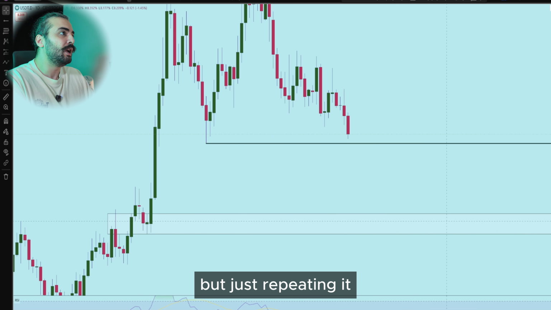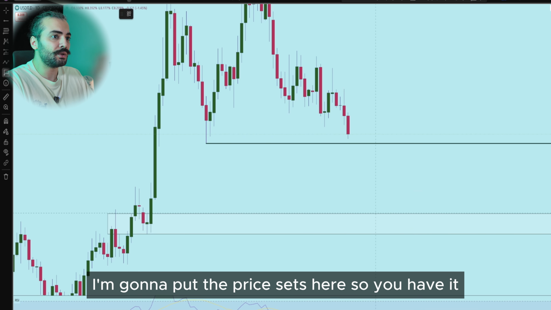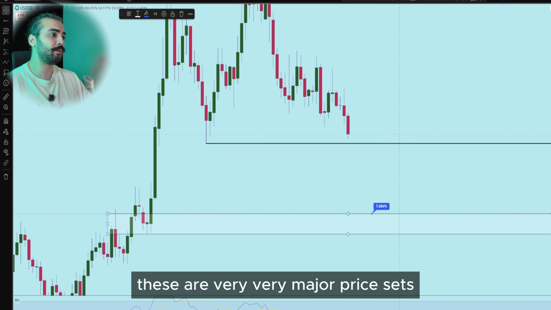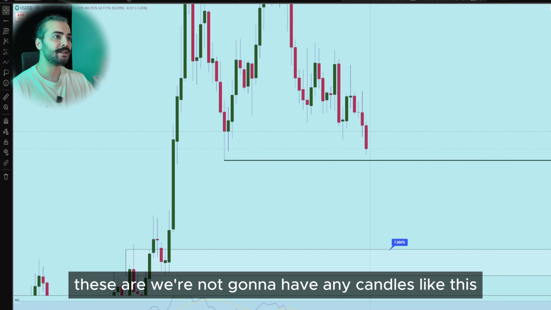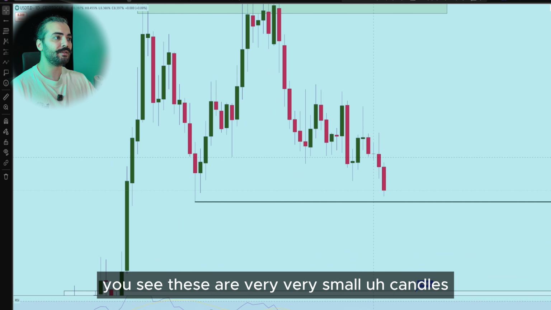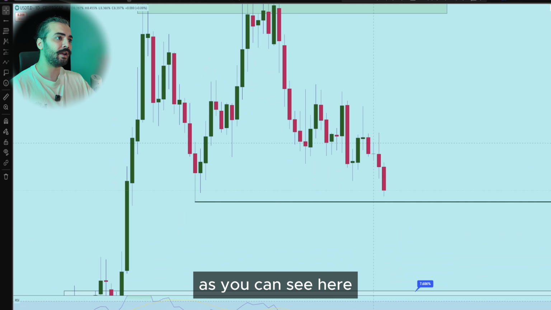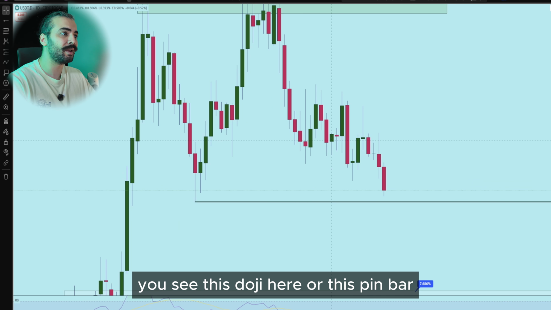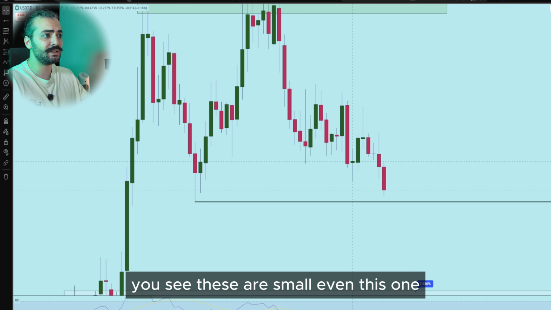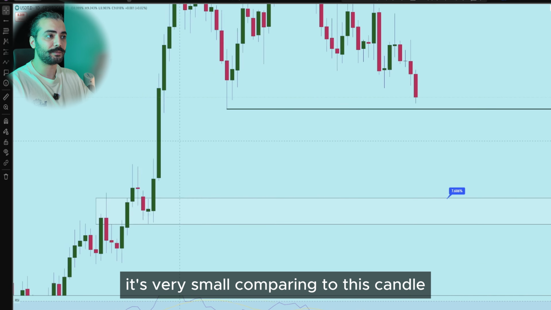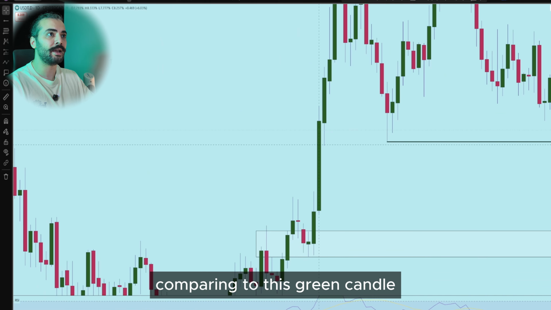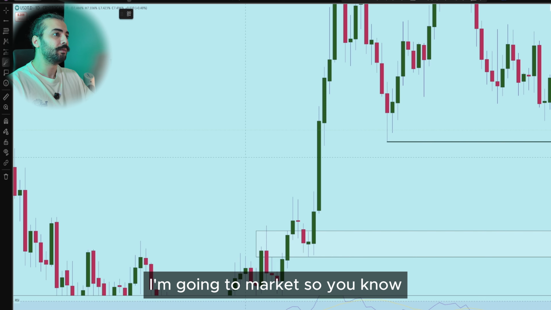I'm going to put the price tags here so you have it. These are very major price tags. Once we break this, we're not going to have any candles like this, small ones. You see, these are very small candles, as you can see here. You see this doji here, or this pin bar. These are small, even this one is very small, compared to this green candle, which I'm going to mark so you know.